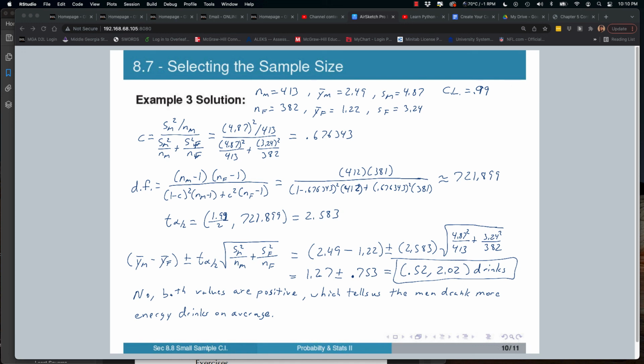But if I explicitly say in a problem assume the population variances are unequal, or you see sigma 1 squared is not equal to sigma sub 2 squared, then I'm probably asking you to do this method right here. All right, just heads up. I don't want there to be any kind of fuzzy cloudiness around that.